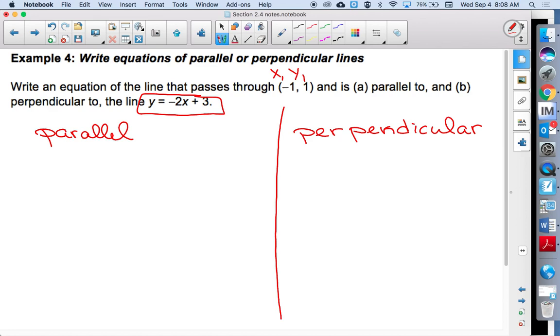So just to have a visual, here is my current line. It's a decreasing line. Our goal is to come up with a line that is parallel to this, that goes through the point negative 1, 1.